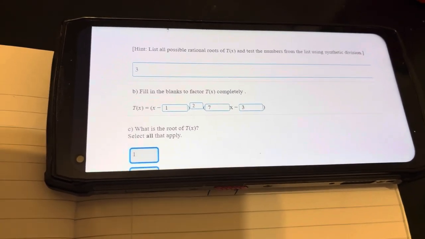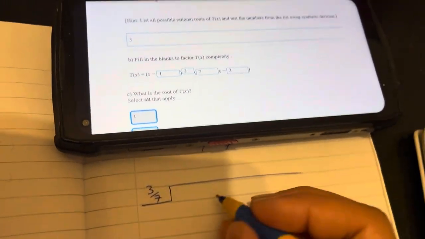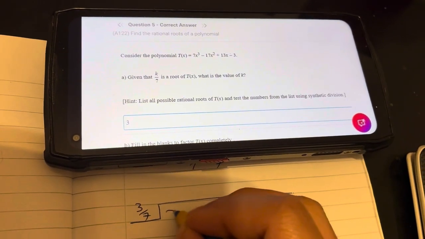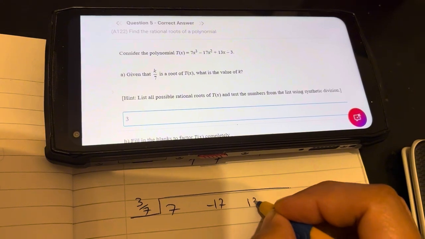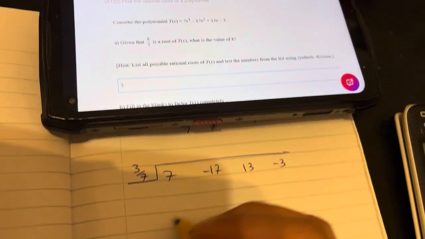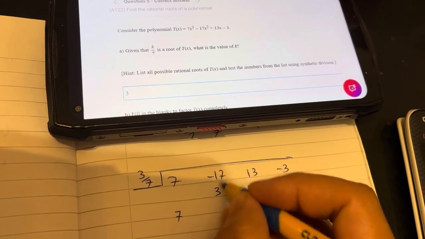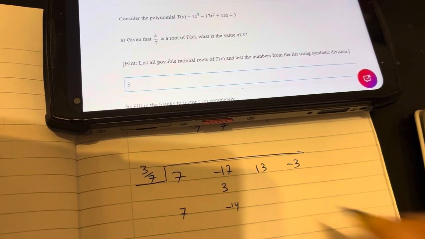Part B, he wants the other factor. I already know that 3 over 7 is one of the factors. And your equation is 7x cubed minus 17x squared plus 13x minus 3. 7 times 3 over 7 is 3. 3 minus 17 is equal to minus 14.